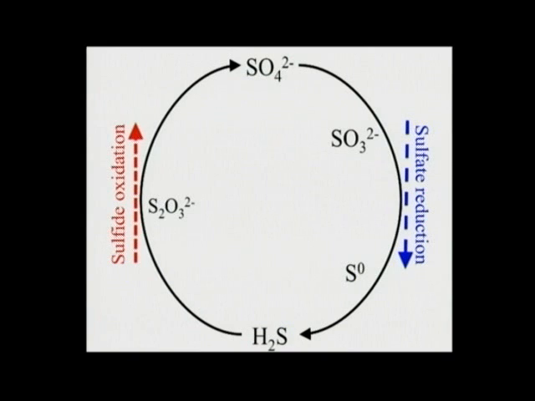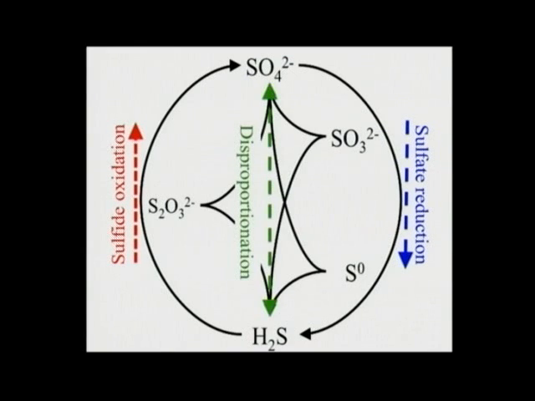In this process, we have all kinds of intermediates like sulfite, thiosulfate, and elemental sulfur, and they can undergo disproportionation to both sulfate and sulfide. Disproportionation basically means that the intermediate plays the role of both the reducer and the oxidizer together, and the products are sulfate and sulfide.